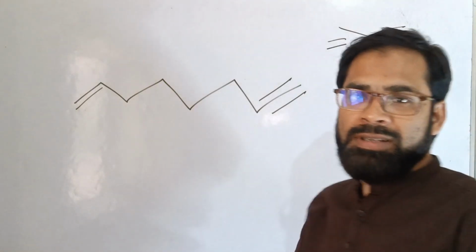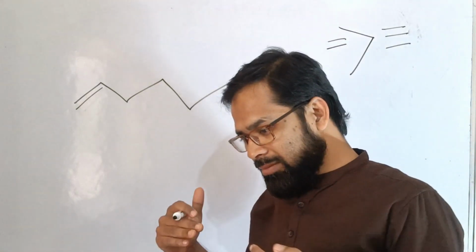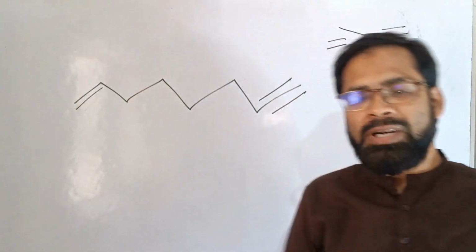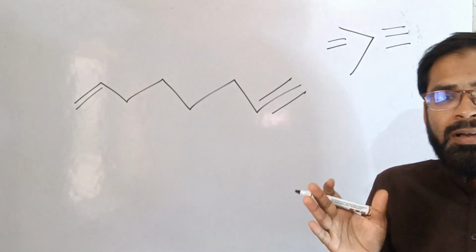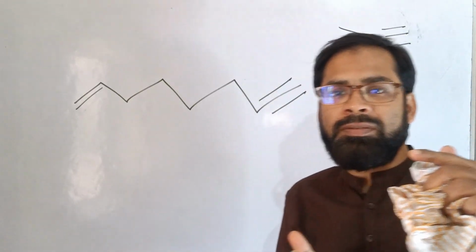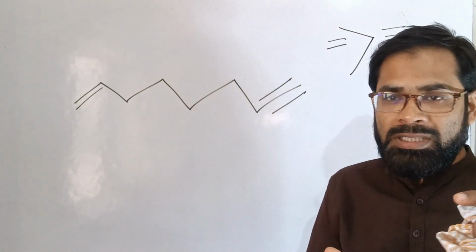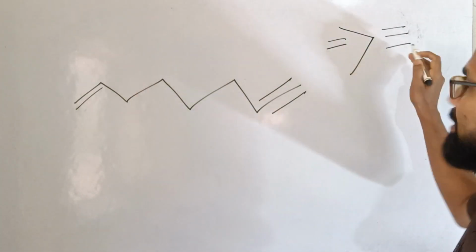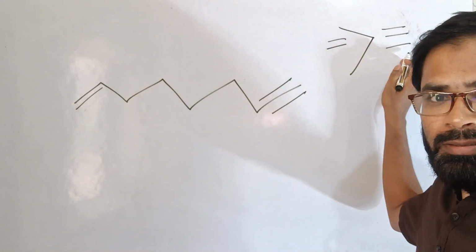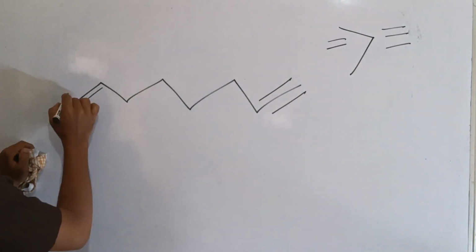This is the order of functionality. When we learn all the functional groups one by one, after that we'll see the list of functional group priority. If you check the priority list, the double bond has greater priority than the triple bond. That's why the numbering will start from here.